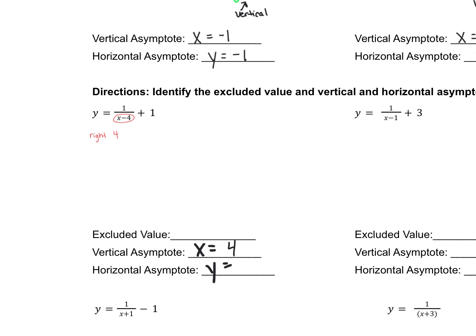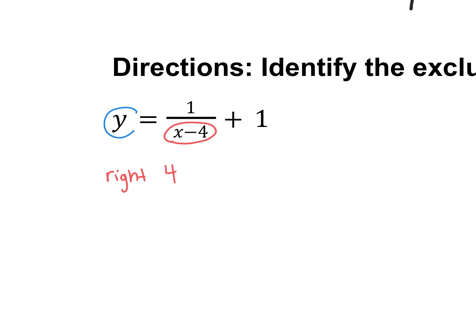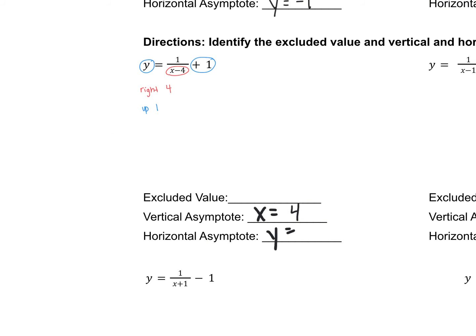Okay. When I look at my horizontal asymptote, that's my y equals. So I have my y, which is a big number. So I look at my big number. That tells me to go up 1 or +1. Okay. Now we just have to do our excluded value. We're going to use our denominator for that.